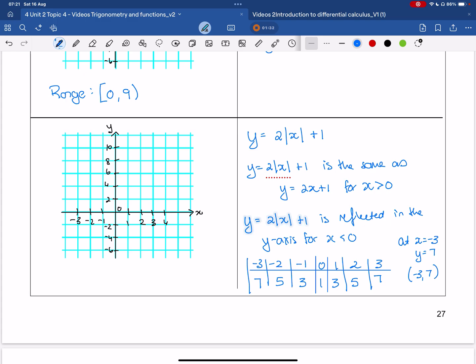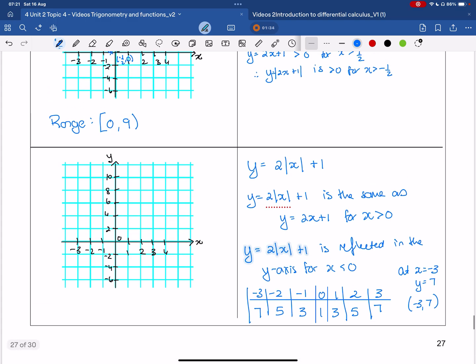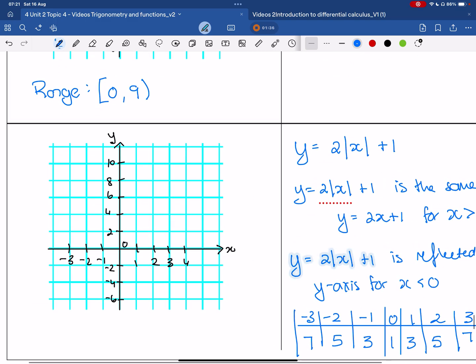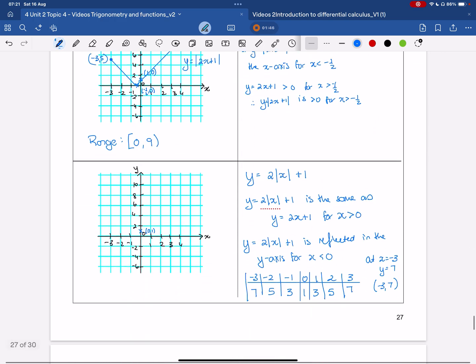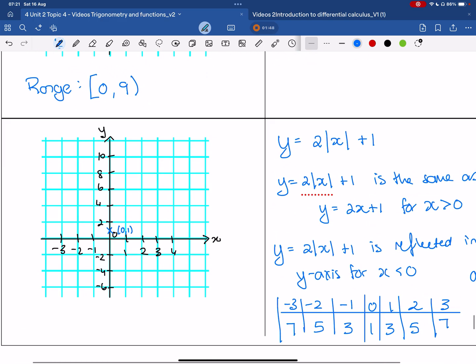All right, so what we're going to have is we're still going to have our y-intercept as it was at 0 and 1. And on the right-hand side, I'm going to have exactly the same points as I had before. So 4 and 9 are going to be there and not included.